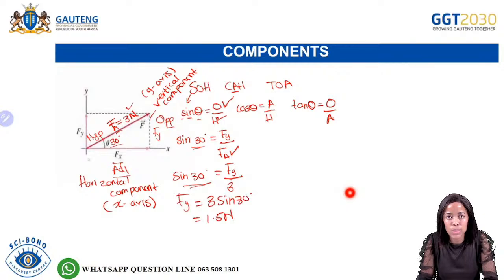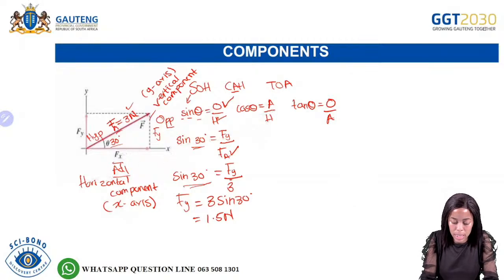They can also ask you to calculate the horizontal component. With the horizontal component, for the cos it's going to be the adjacent divided by the hypotenuse.